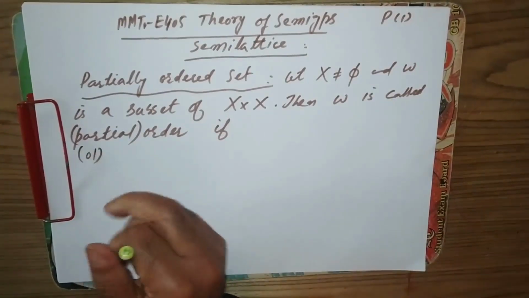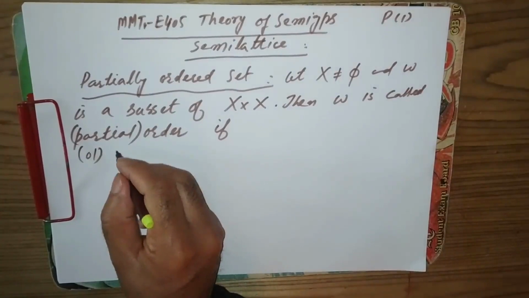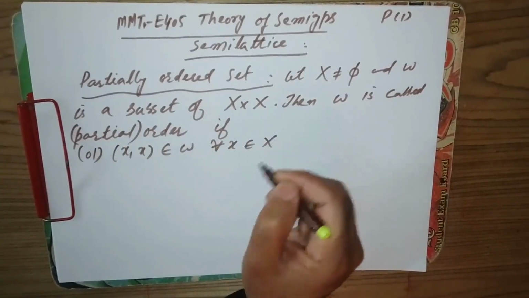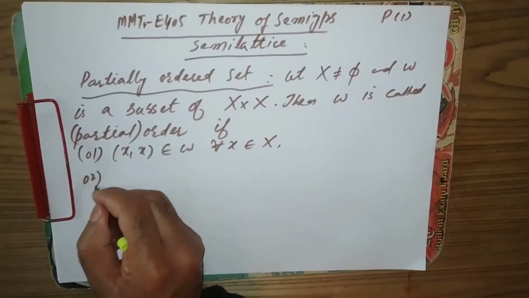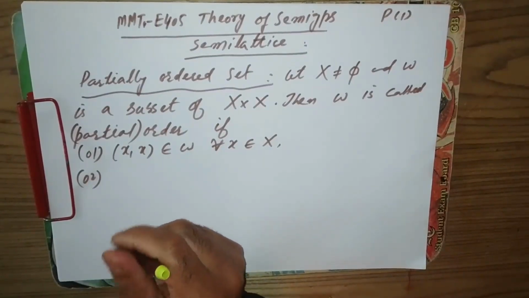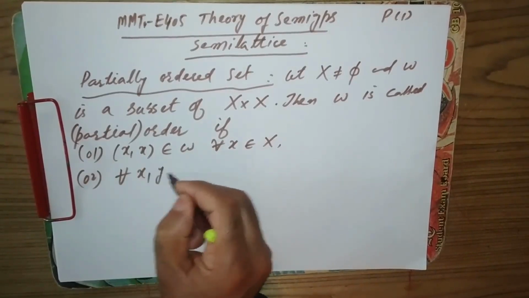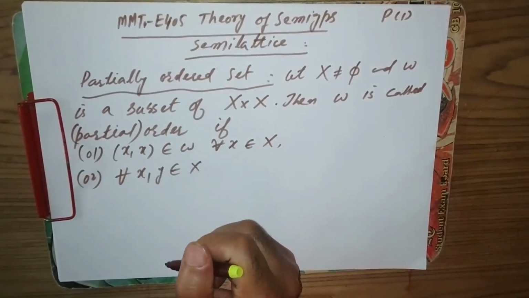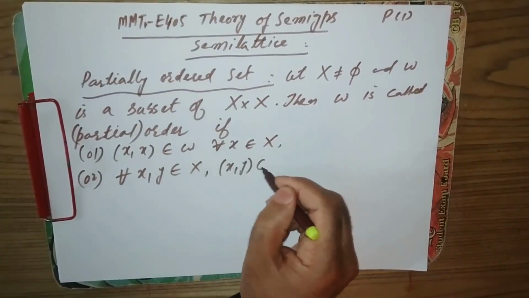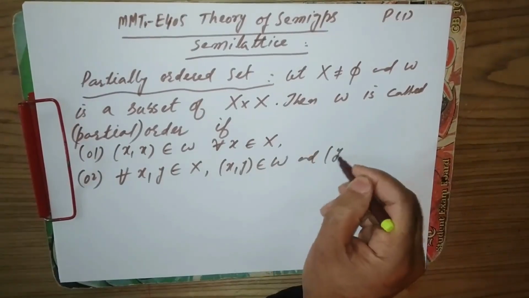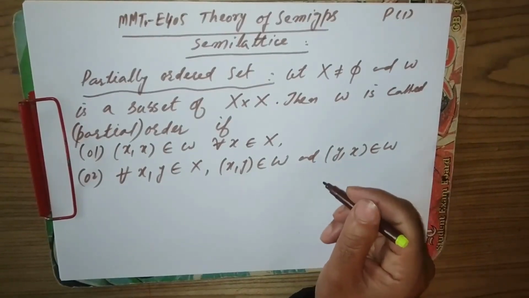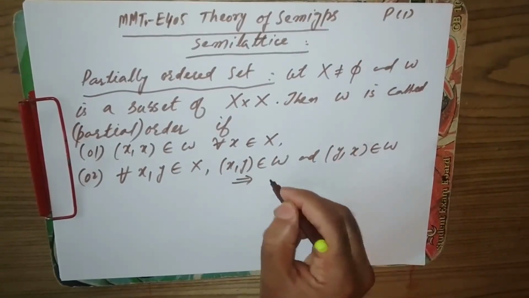First property, this omega should be reflexive. Reflexive means (x, x) belongs to omega for all x belongs to X. And second property, it should be antisymmetric. Antisymmetric means for all x, y belongs to X, with (x, y) belongs to omega and (y, x) belongs to omega, this should imply x equals y.